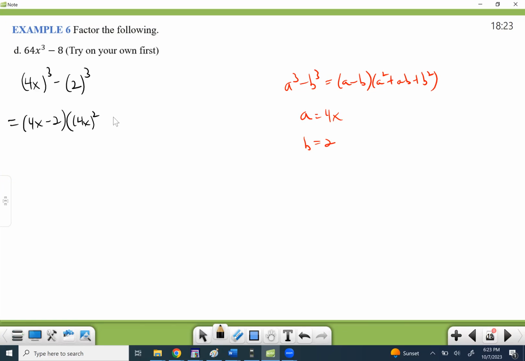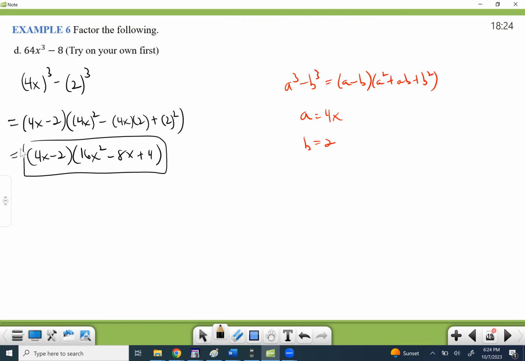All right, 4x squared minus ab plus b squared. All right, so 4x times 4x will just be 16x squared. And then 4x times 2 will be 8x. And then 2 times 2 is 4. So hopefully those of you that were trying it on your own at home, hopefully you did pretty well.